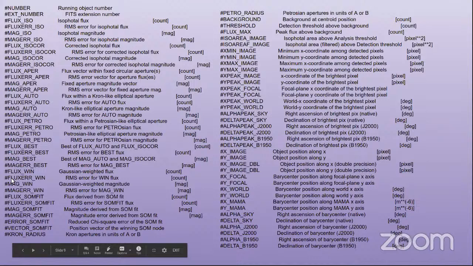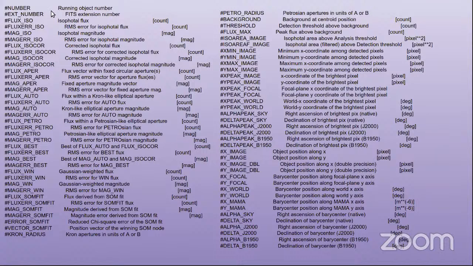So I have used the magnitude auto, and flux, and of course the number. When it is finding an object, it will give a number to that. So we need this number. So the number of objects will be there, and then x2, ab, theta.